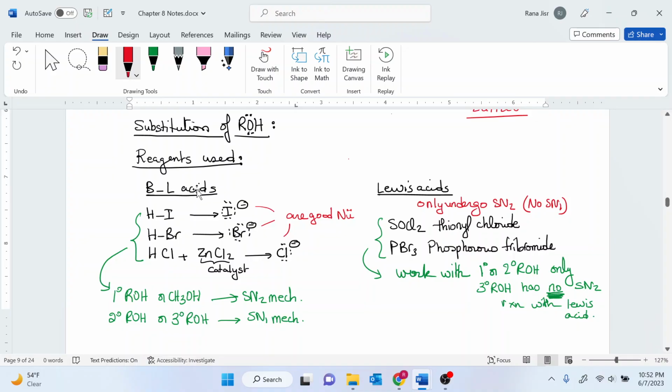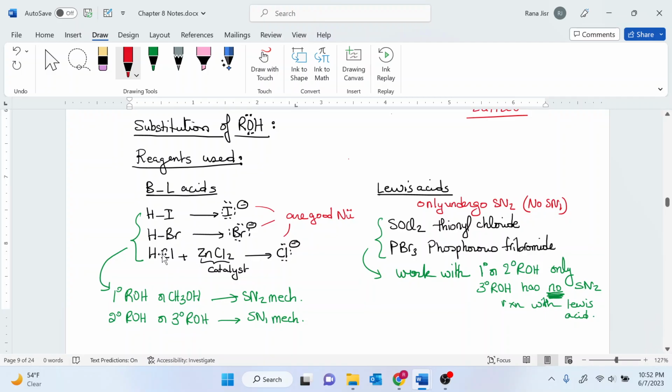Whether we are using Brønsted-Lowry acids or Lewis acids, you can easily see the difference between elimination and substitution. If I'm using any of those Brønsted-Lowry acids, HI, HBr, and HCl, they will generate a nucleophile, which is the I minus, Br minus, and the Cl minus that is going to finish up the substitution reaction.